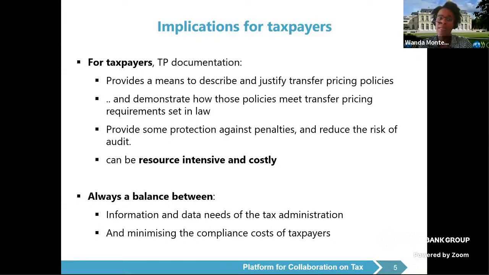And therefore, it relies largely on existing transfer pricing requirements and on some of the country practices that are reproduced in the toolkit, but also on the transfer pricing guidelines from the OECD, the UN manual, as well as the World Bank handbook.